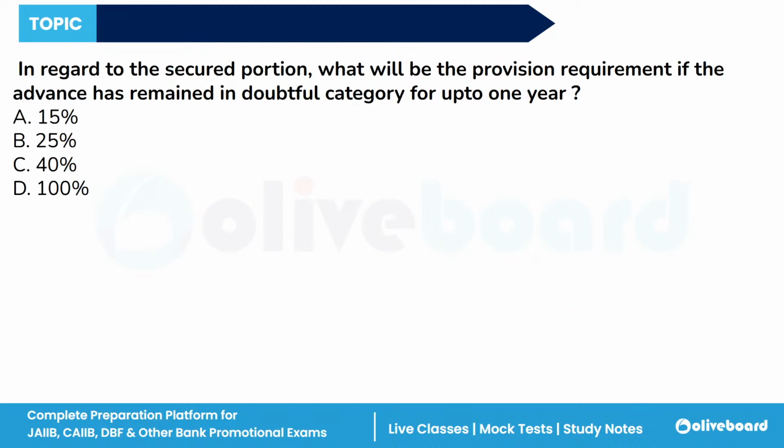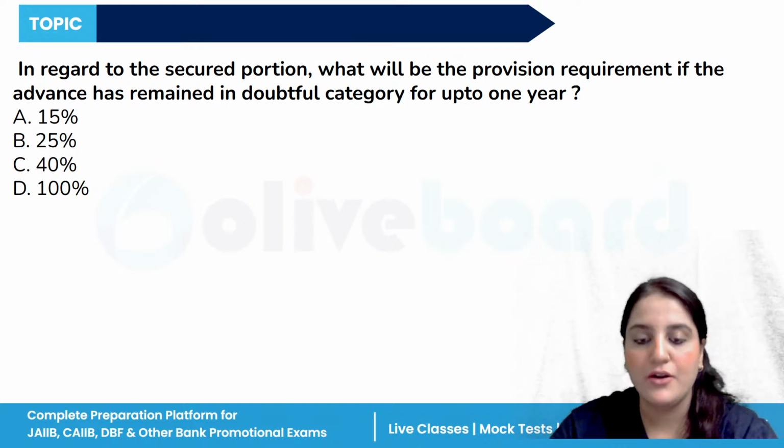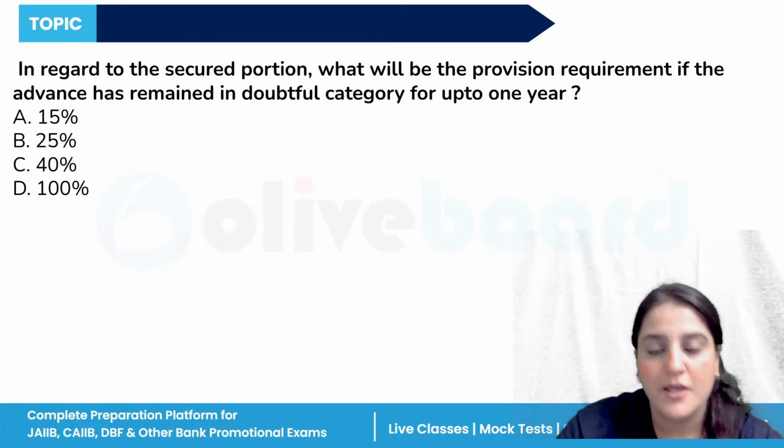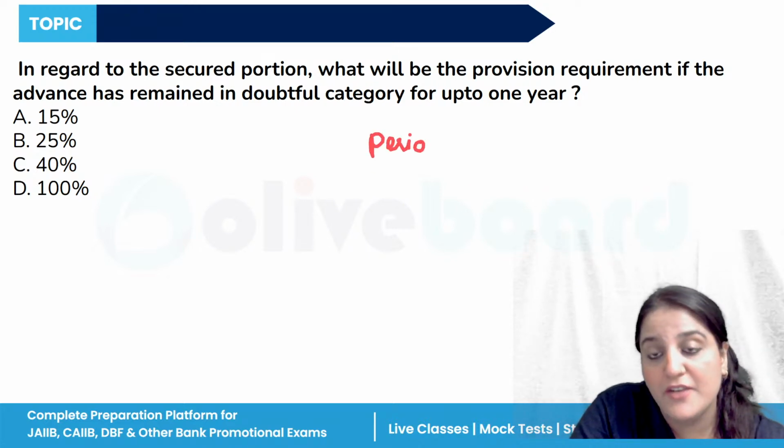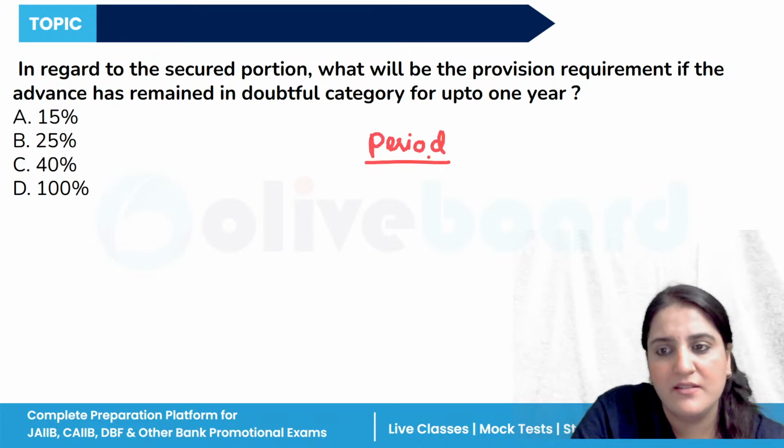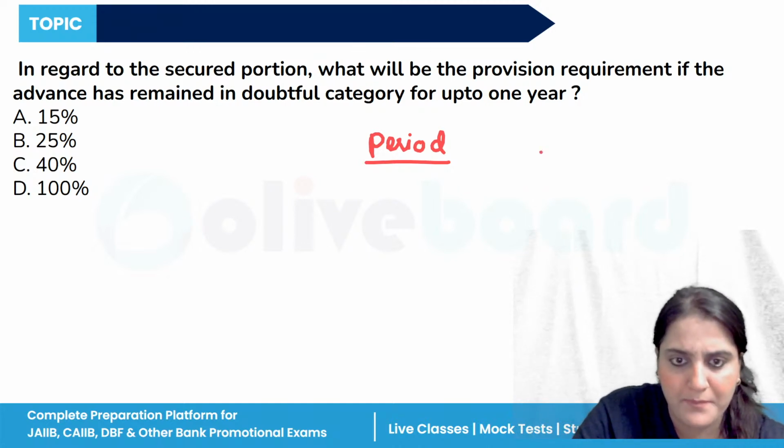In regard to the secured portion, what will be the provision requirement if the advance has remained in the doubtful category for up to 1 year? If we talk about the secured portion, provisions are made according to the period for which the advance has remained in the doubtful category.